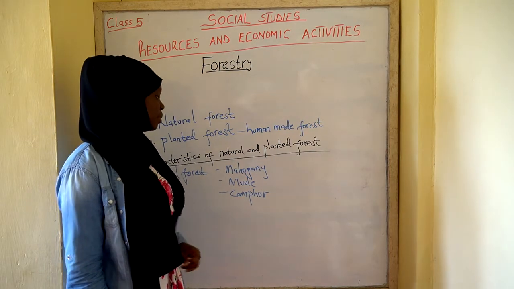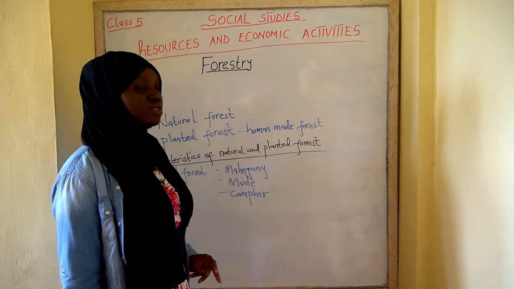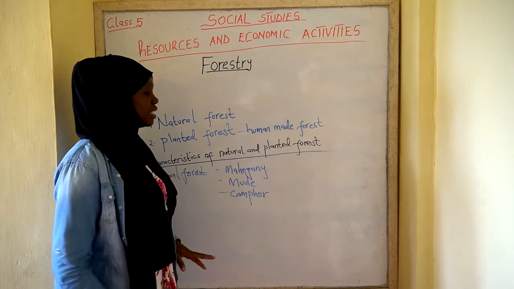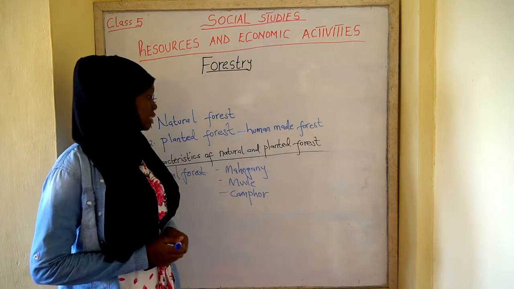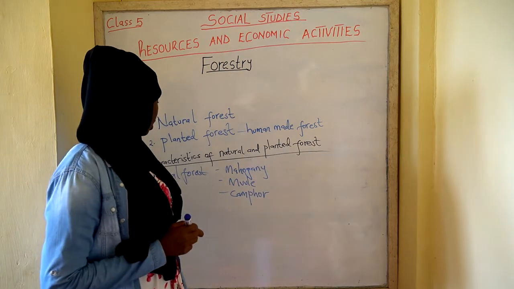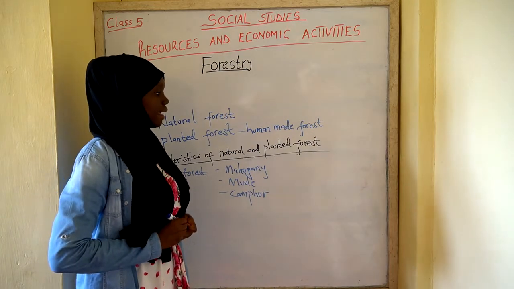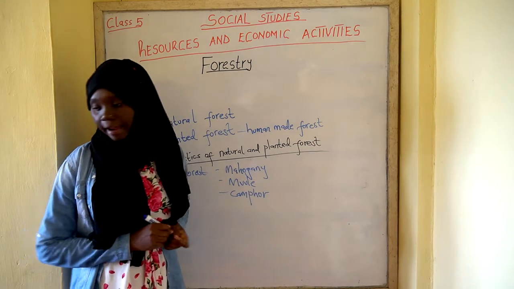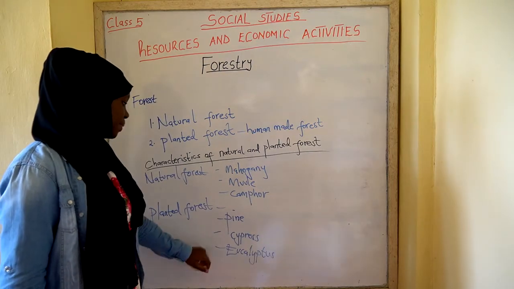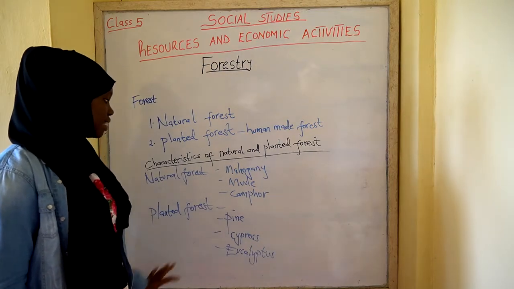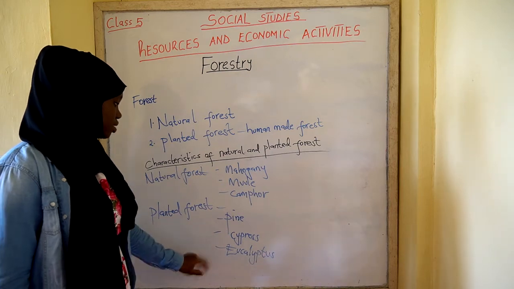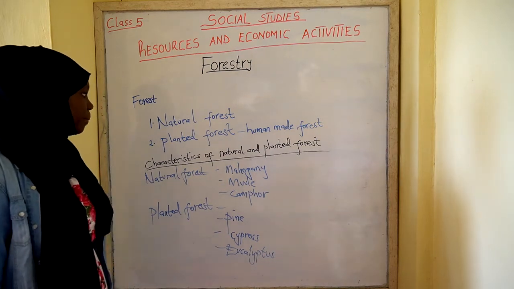The third point is that most trees found in planted forest are softwood. Examples of softwood trees found in the planted forest are the pine, cypress, and eucalyptus. There are more examples, but these are just a few of them.